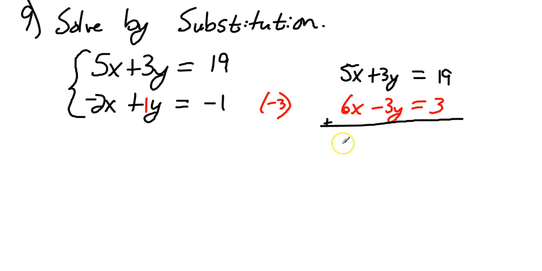Because now you've got 5 plus 6 for 11. Those two cancel each other out. And you got your 22. So then you got your x equals 2.